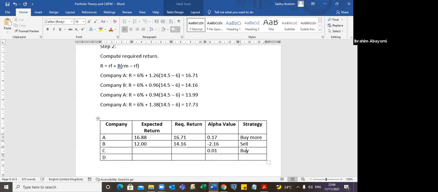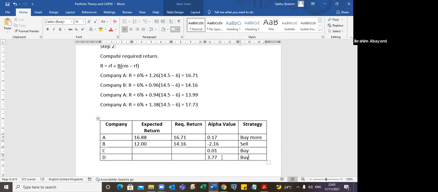Then for D, the alpha value is 3.77. Positive, so buy.